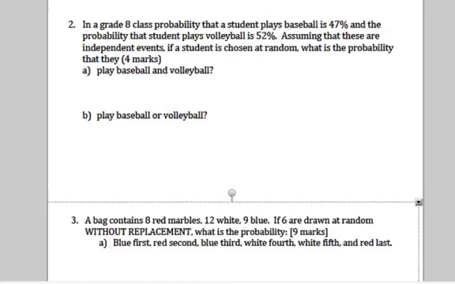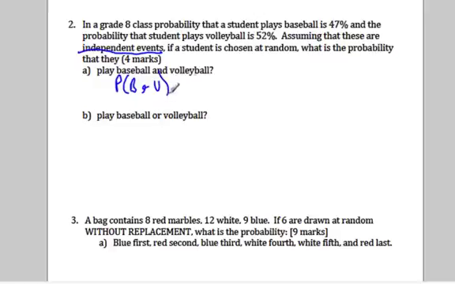Now, the key word in the next question was independent. So we're told that these are independent events. So the probability that they play baseball and volleyball is equal to the probability of playing baseball times the probability that they play volleyball.